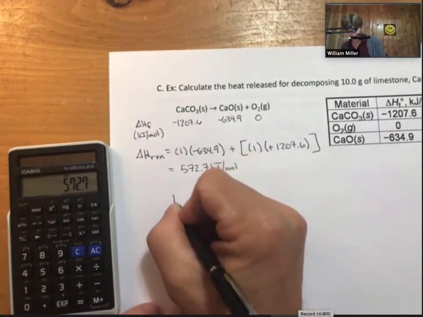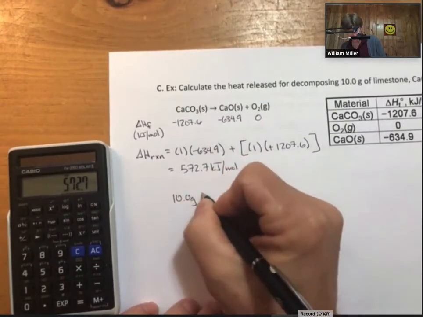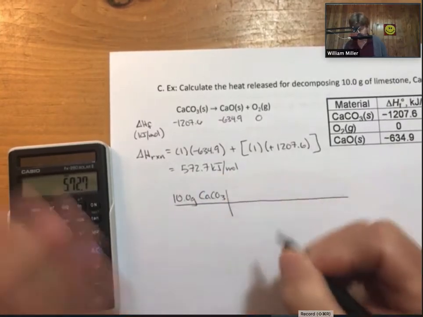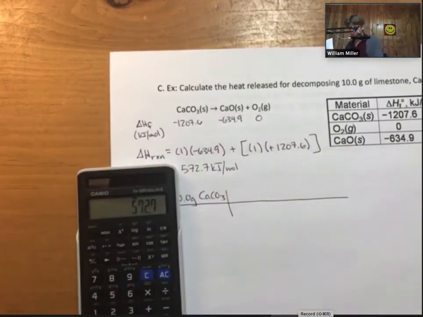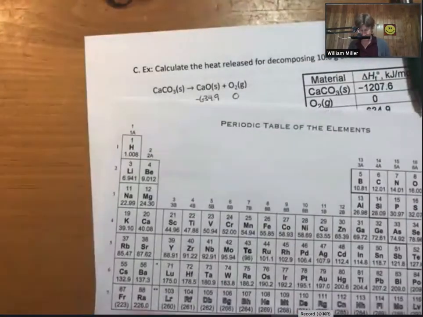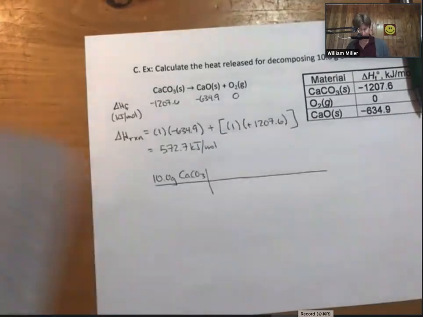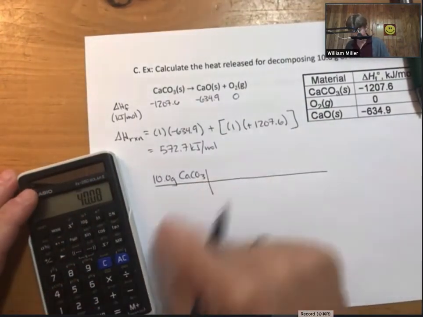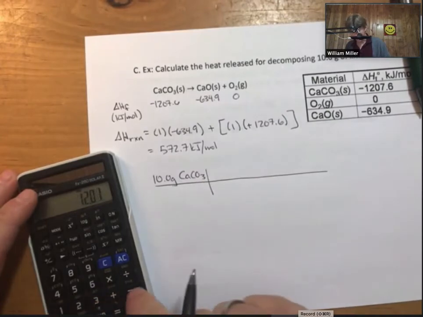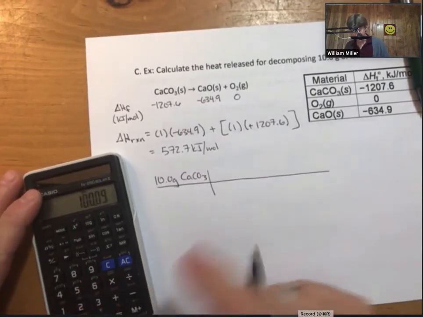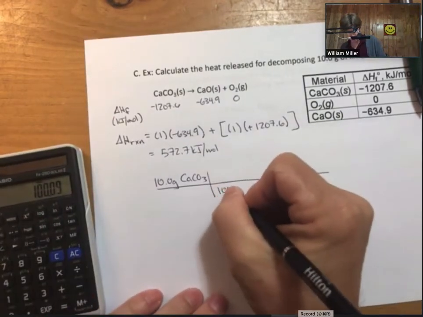And so now we have 10.0 grams of limestone. Got my periodic table right here. I need to know that calcium's 40.08, carbon plus 3 times oxygen, 100.09.